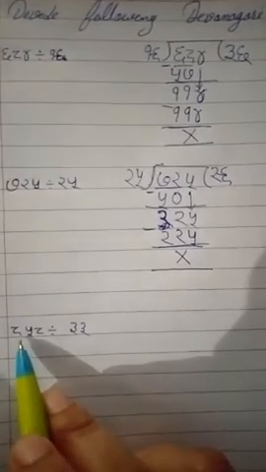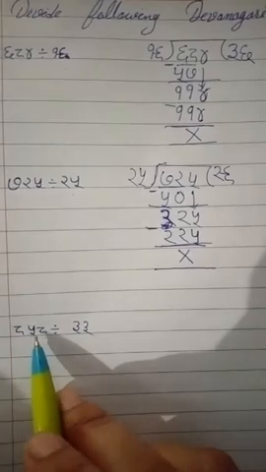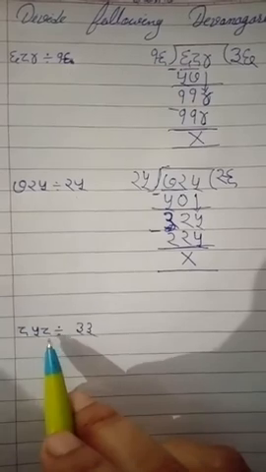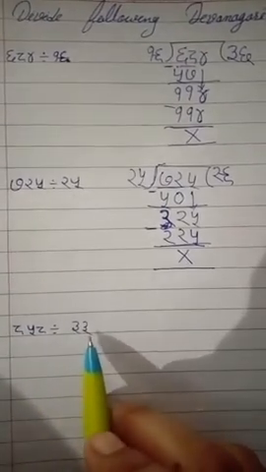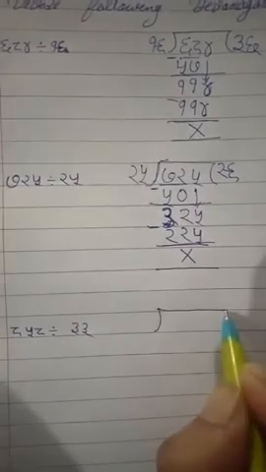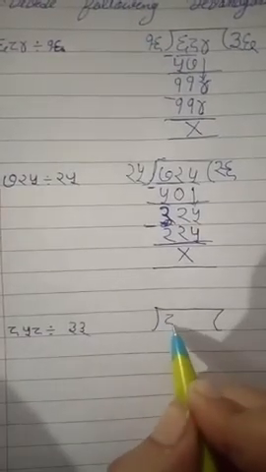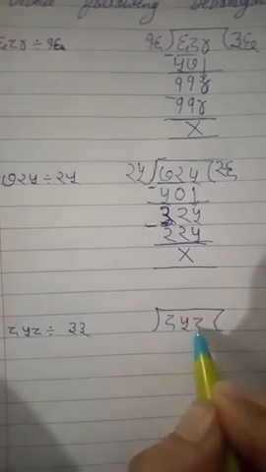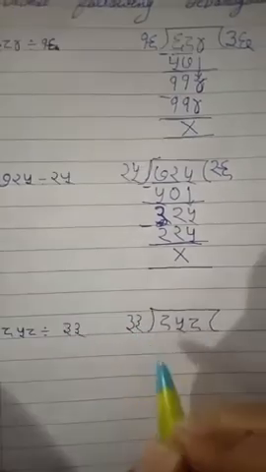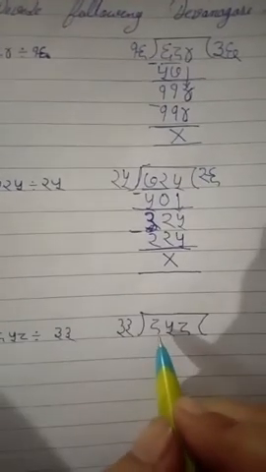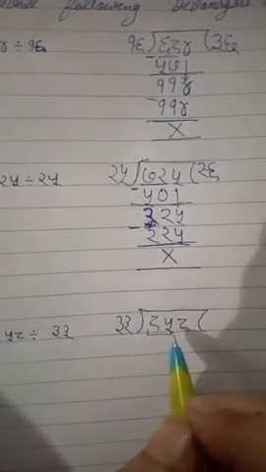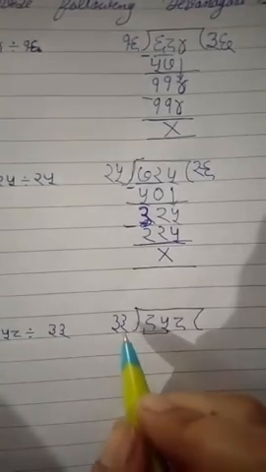The number is 858 divided by 33. First of all, write down here 858 and 33. Same as before, take two numbers, which is 85, and speak the table of 33.